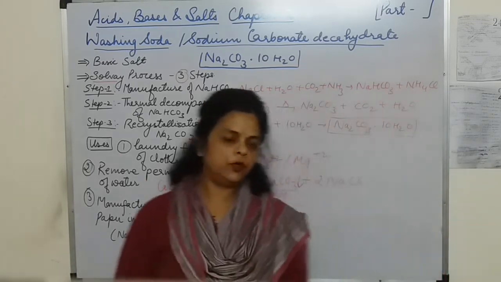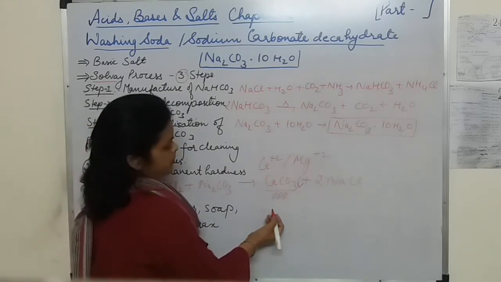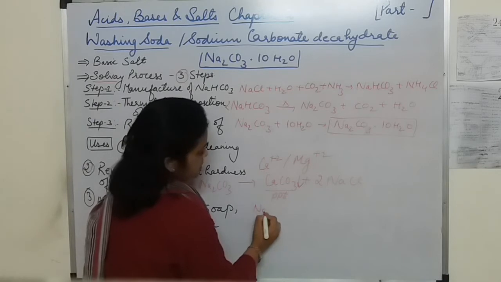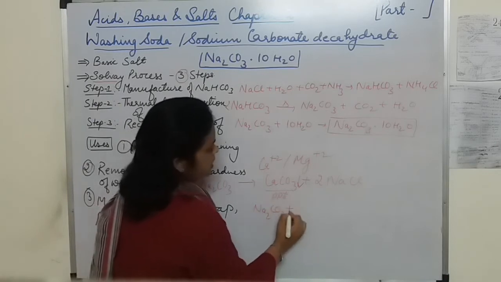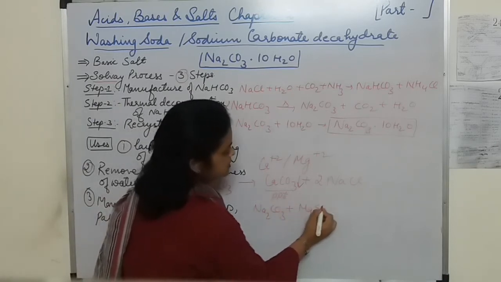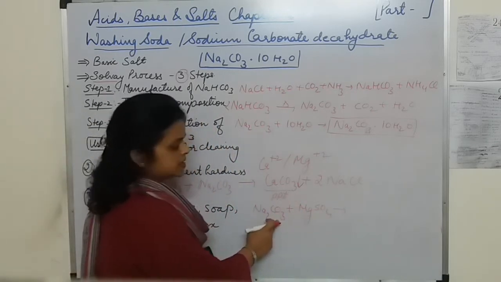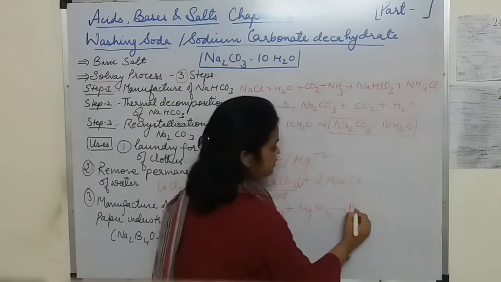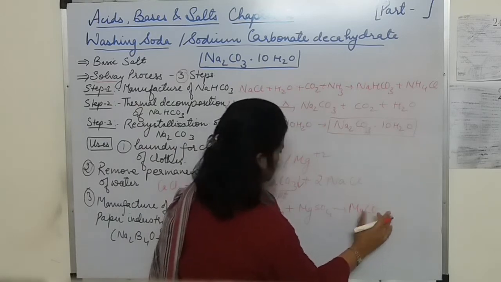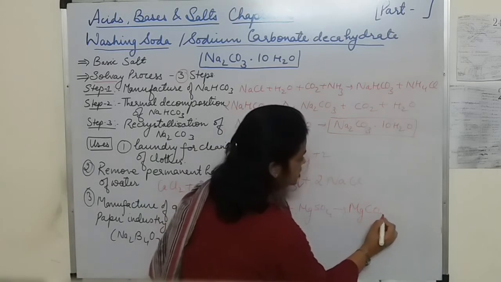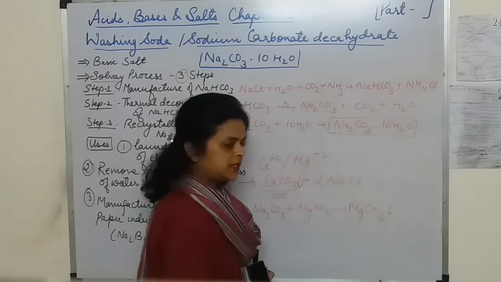I can write one more equation. Suppose in the sample of hard water we are having magnesium ions. So this Na2CO3 combines with magnesium sulfate, and magnesium will precipitate in the form of magnesium carbonate, MgCO3.